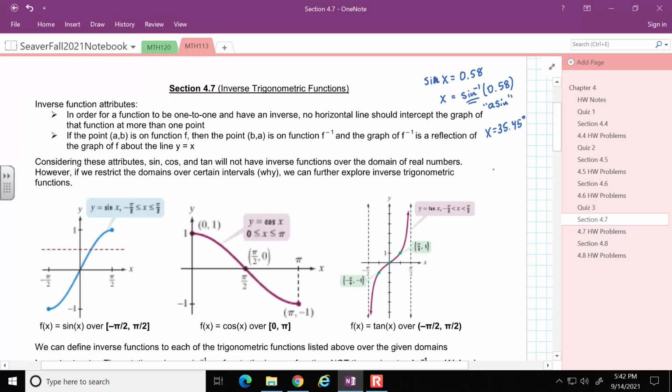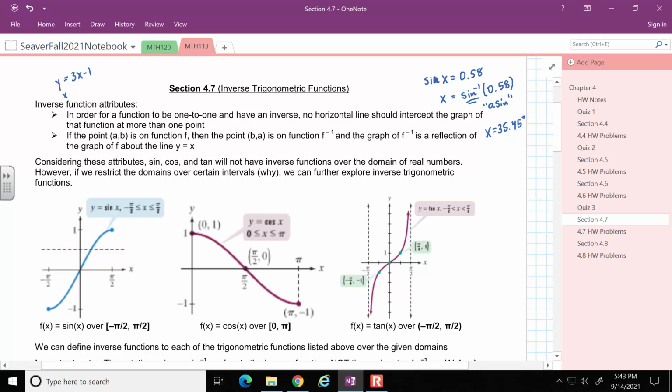Now if you remember correctly, the point for inverse functions, if I have a point a comma b on my function f of x, then that point b comma a, if I flip those, is on my inverse function. That's part of my inverse function. And also it's a reflection about the line y equals x, because if you go back to algebra and how you find that, if I gave you a function 3x minus 1, and I said find the inverse function, probably the first thing you would do is flip x and y.